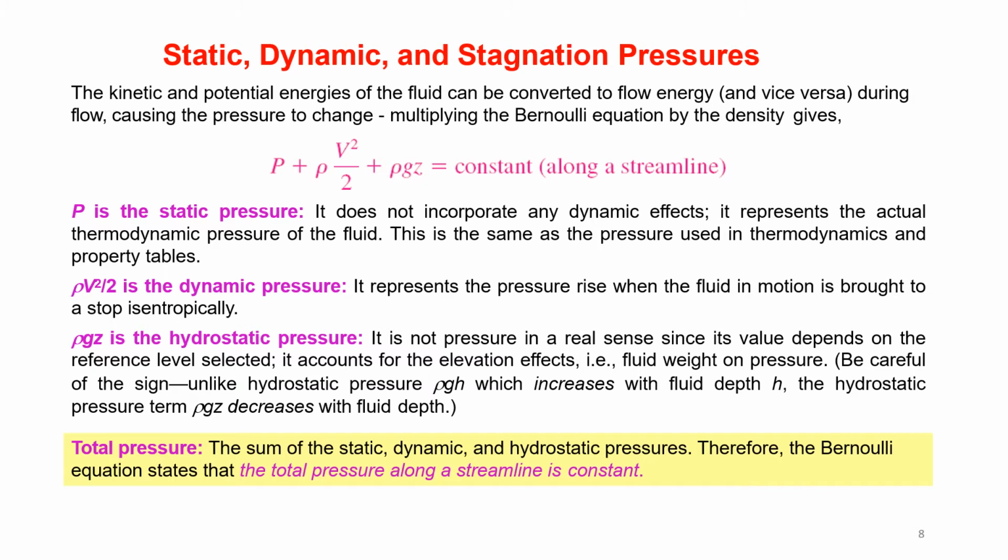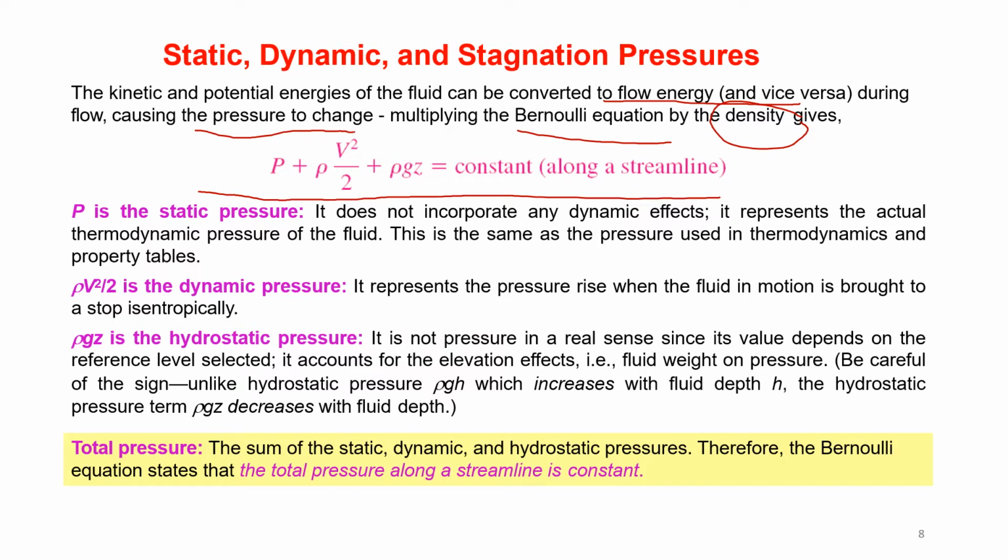Okay, let's go through the static, dynamic and stagnation pressure. Why does this occur? It's when the kinetic energy and the potential energy are converted into flow energy. What is meant by converted to flow energy? It causes the pressure to change. When the pressure changes, we need to change the Bernoulli equation a little bit by multiplying with the density. So this is what we get when we multiply the Bernoulli equation with the density.